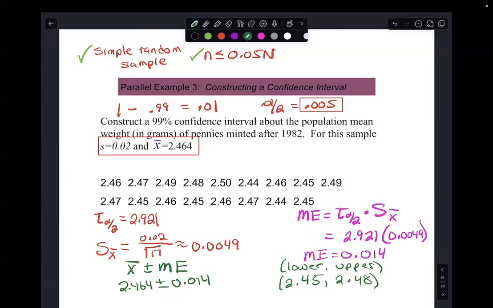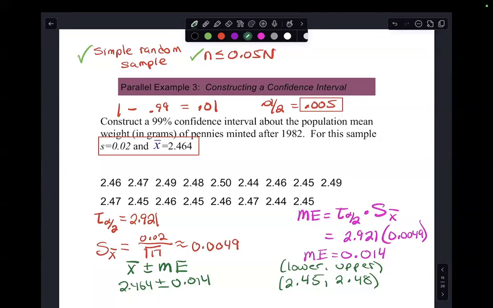Okay. I'm going to say the words that are going to help you here. So we are 99% confident that the actual mean weight of pennies minted after 1982 is 2.464 plus or minus 0.014.